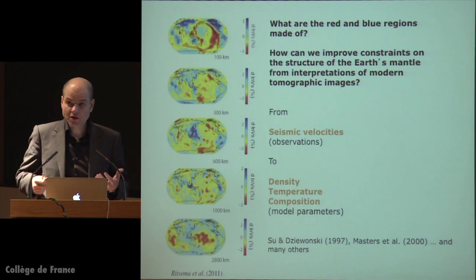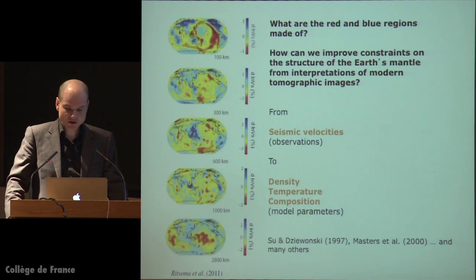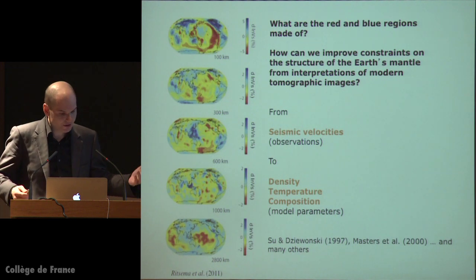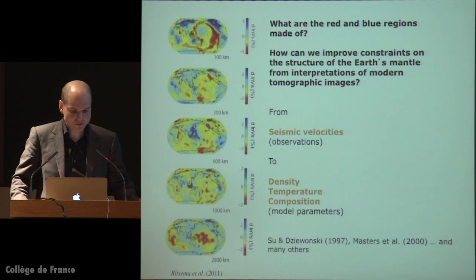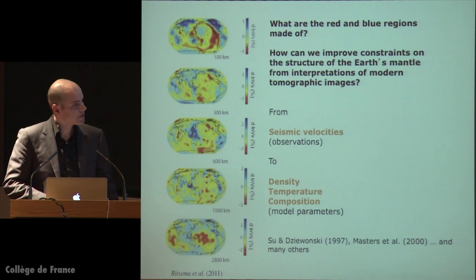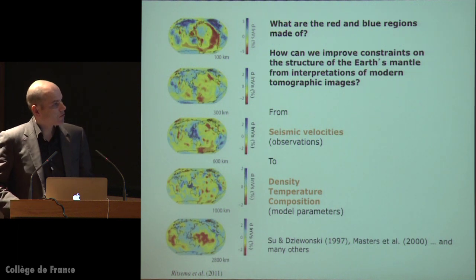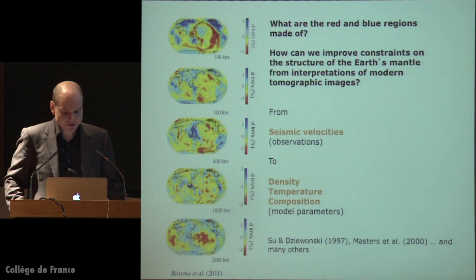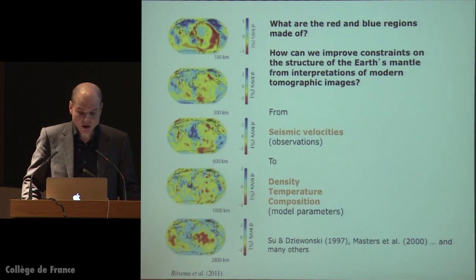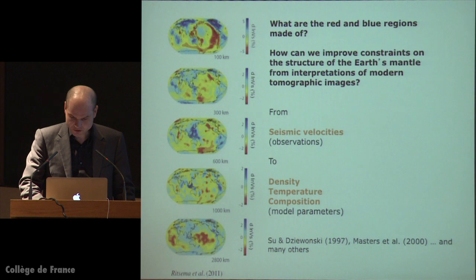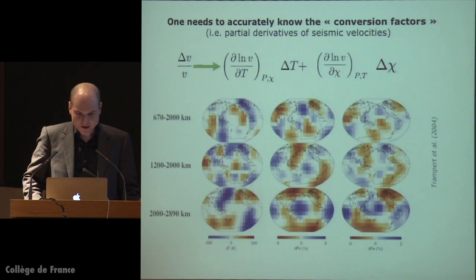And these 3D interpretations of tomographic images, it's a story that goes back to the 90s, and the question not only talking about density and temperature, but also involving composition was, for example, in papers by Su and Dziewonski and Masters et al. But over the 15 years since that time, there were many other works on this subject.